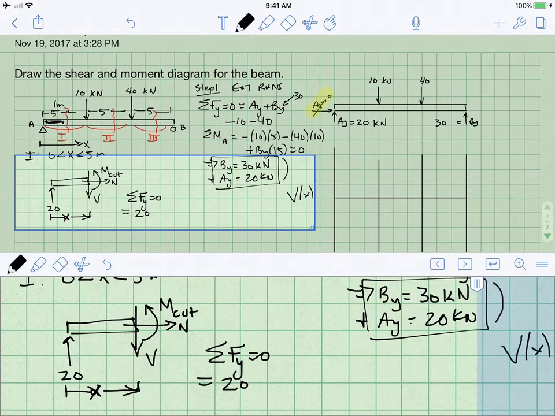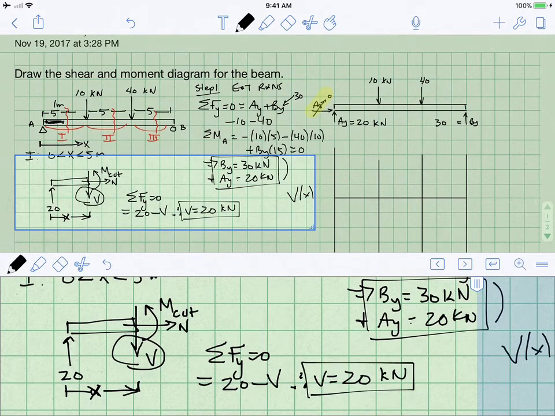I'm writing it as a positive number because it's pointing up, minus shear. I write minus shear because the convention is on the left-hand face to draw shear as going down. And because it's pointing down, we simply write minus shear. Therefore, shear is equal to 20 kilonewtons in this segment, and it's a constant.